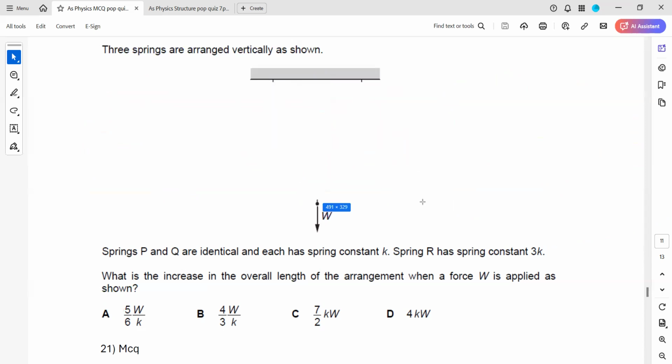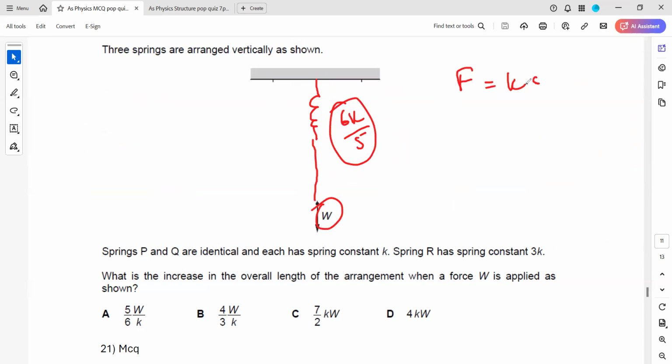So when I replace all three springs by one and work out the spring constant of the whole system, it was 6K by 5. So the force is W and the spring constant is 6K by 5. Just substitute the values in F is equal to Kx, and you will get the extension.